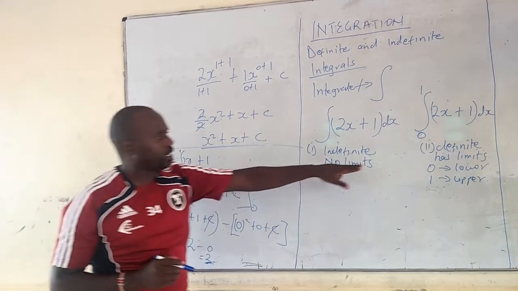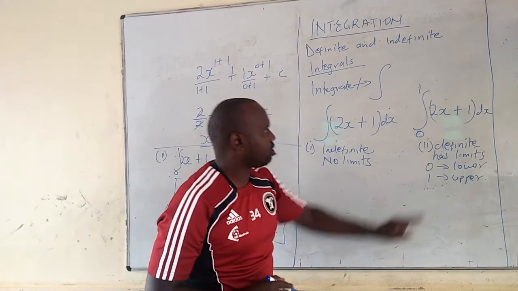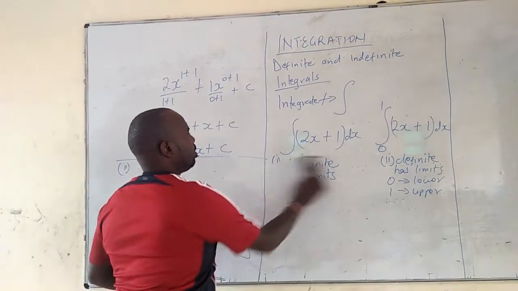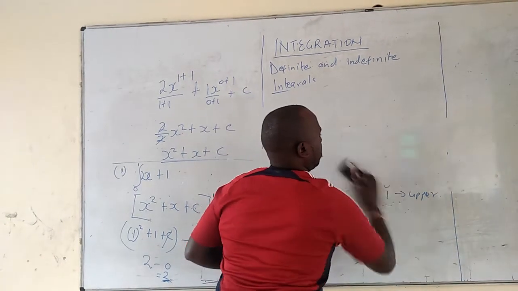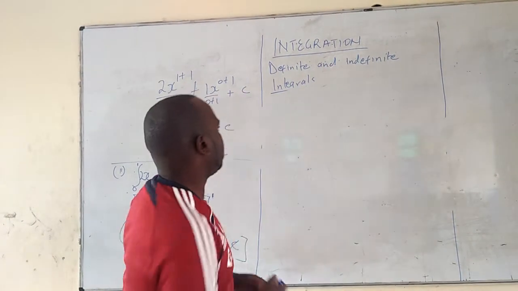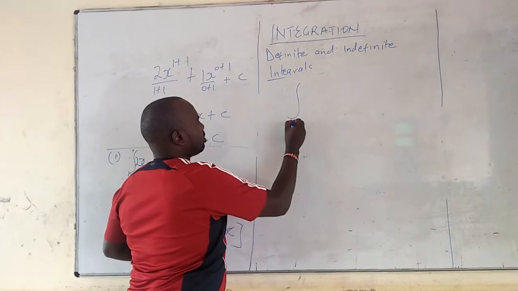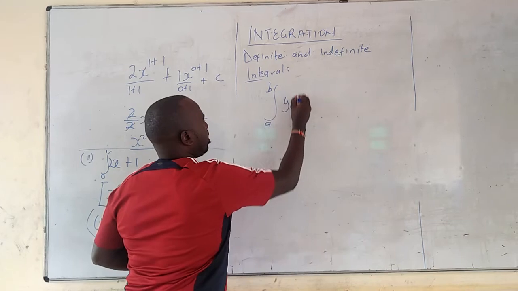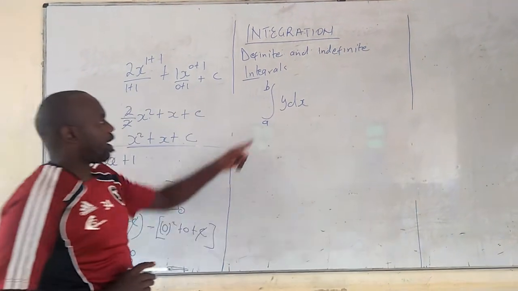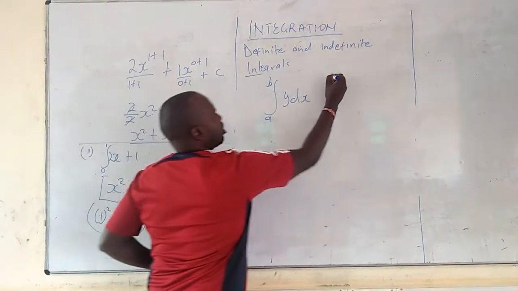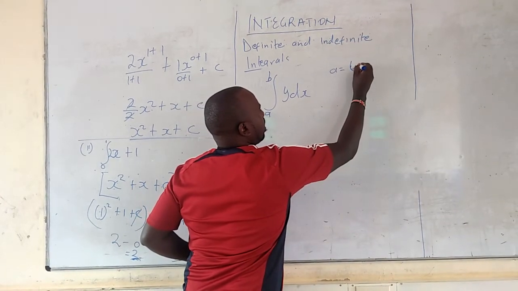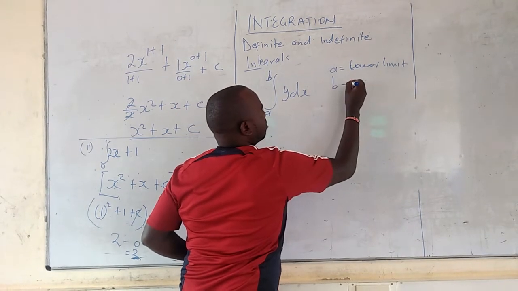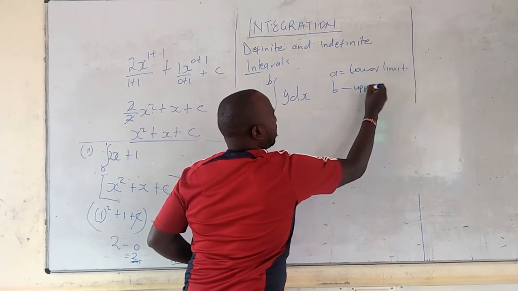Definite integrals have limits. In general, from a to b, if you are integrating y with respect to x, a is called the lower limit and b is called the upper limit.